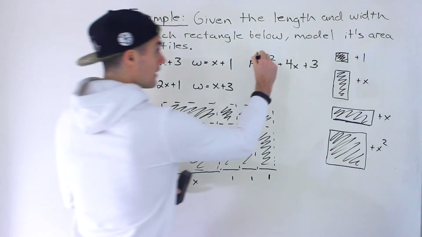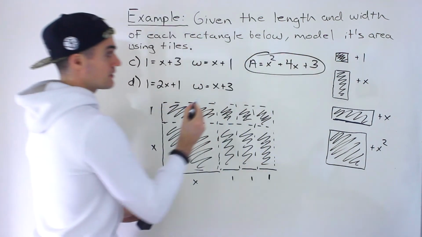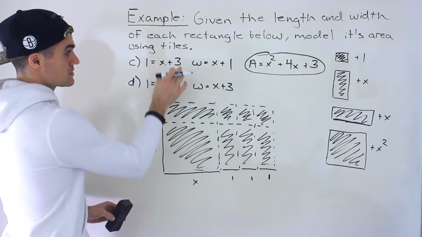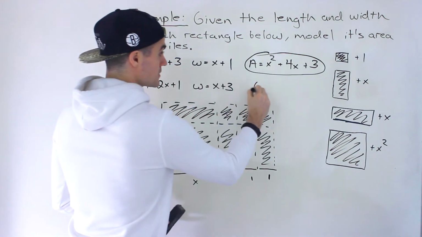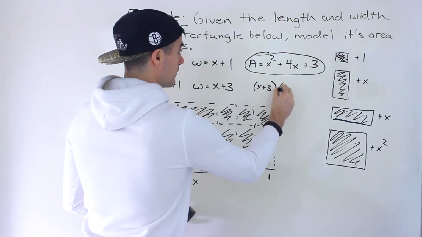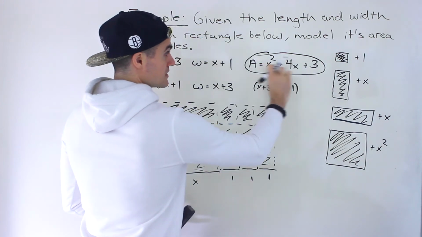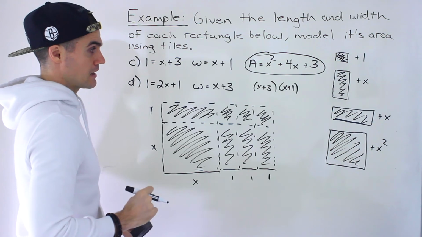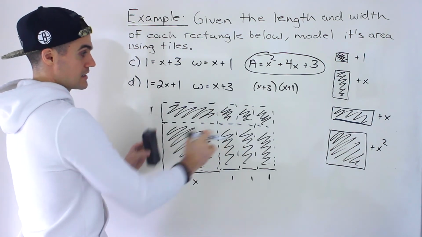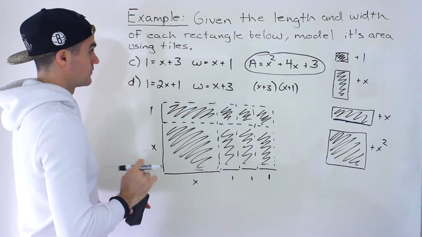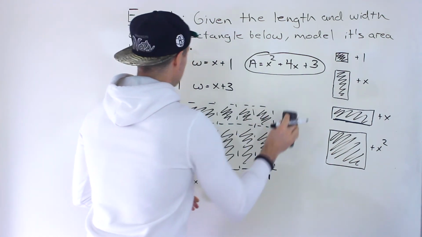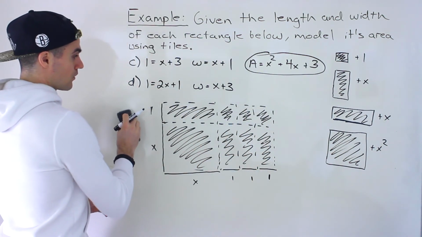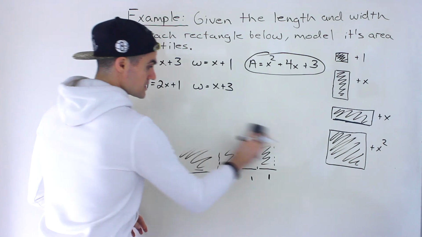And then that ends up being the area. So if we take x plus 3, multiply it by x plus 1, this is what we're going to end up with. And again, we're going to show that algebraically in a future video, but this is how you do it visually. Okay, so that ends up being the area for the rectangle in part C.